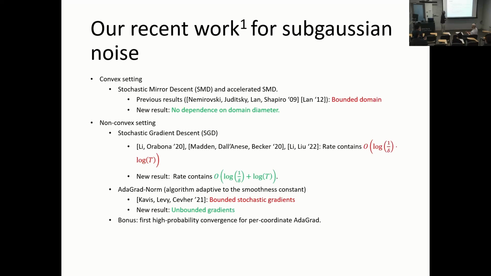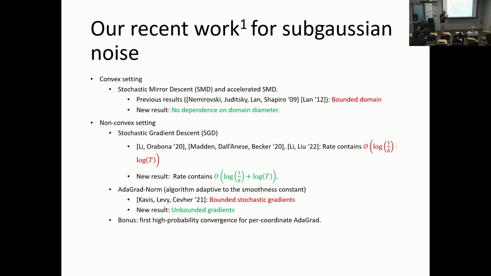In the non-convex setting, there are also a lot of previous results, and the main improvement there is in this factor, where previous results have a factor of log of 1 over the failure probability times log T, and instead we have the sum of the two terms. And furthermore, we also extend the results to AdaGrad, where the algorithm is these adaptive algorithms, some version of which is commonly used in practice, so-called Adam.